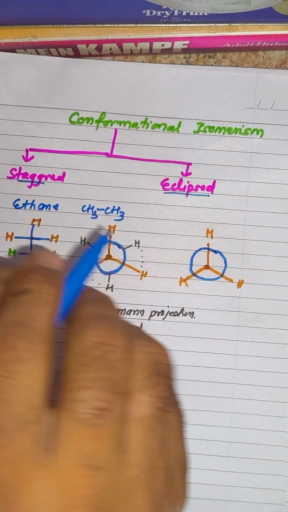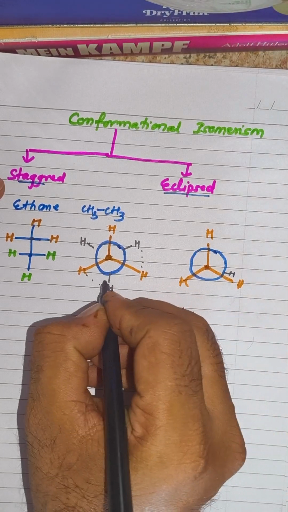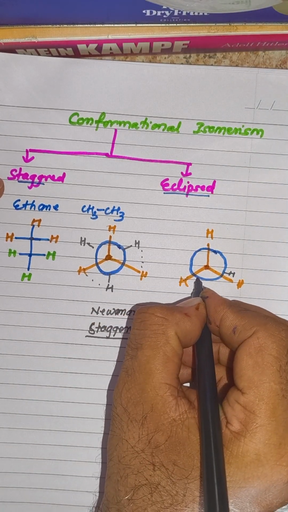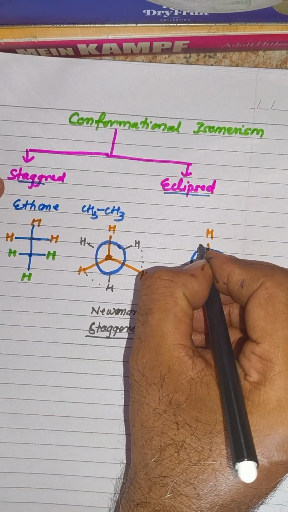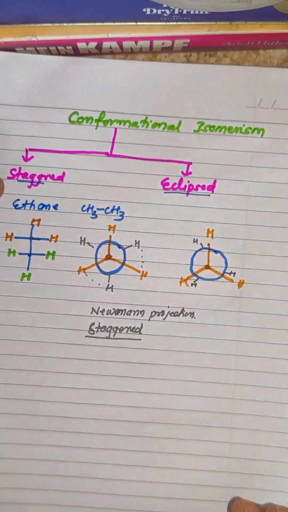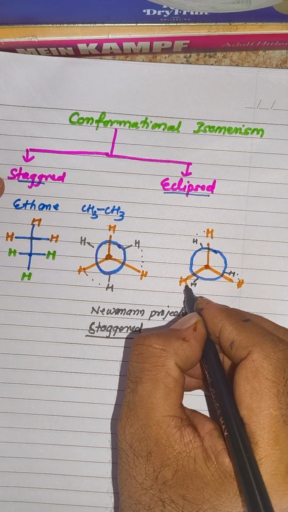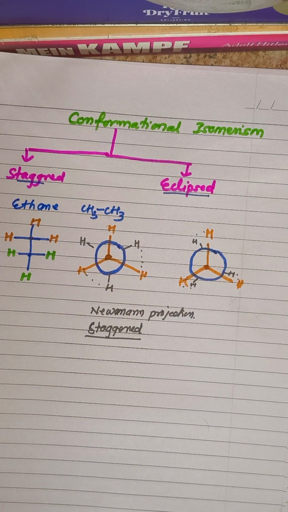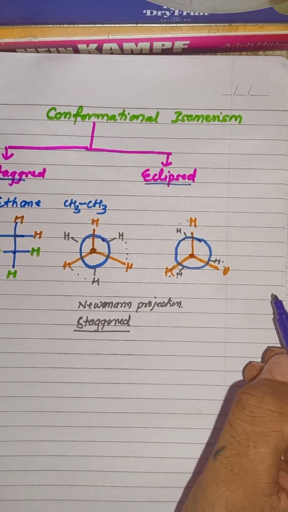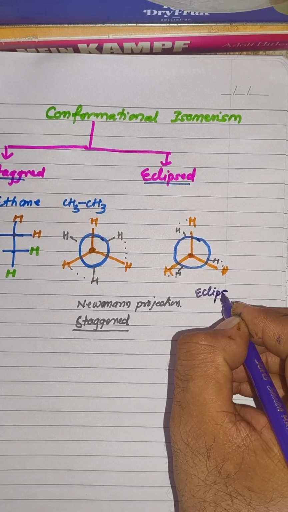So this hydrogen shifts here, this hydrogen shifts here, and this hydrogen shifts here. Now you can see these hydrogens approaching each other and coming close to each other, and that's why this conformation is called the eclipsed conformation.